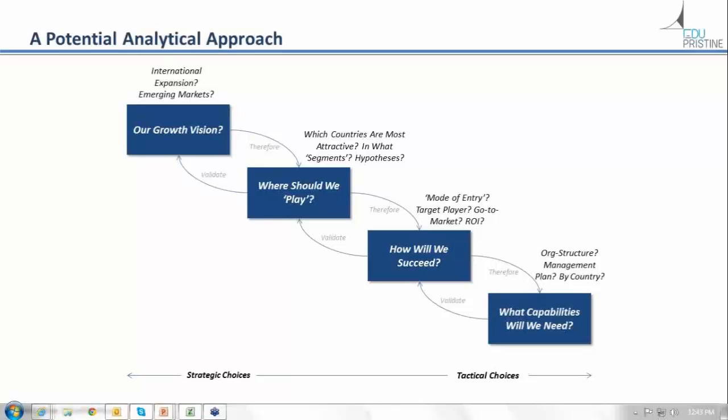I think on the strategic side, it's mostly frameworks. I think the tool doesn't matter, whether you're using Excel or Word or PPT. It's an intellectual framework. It's an analytical approach.